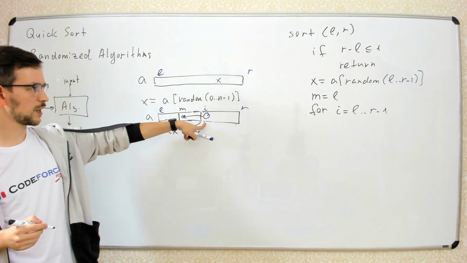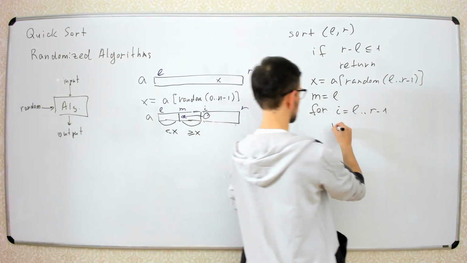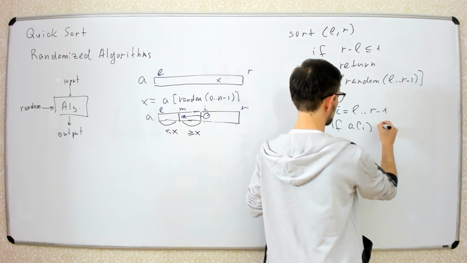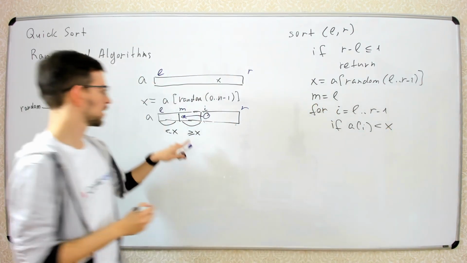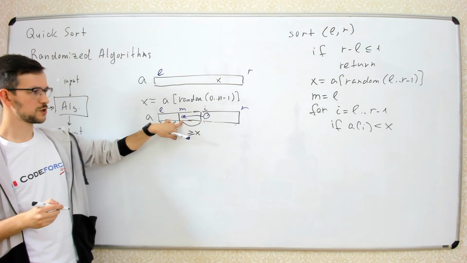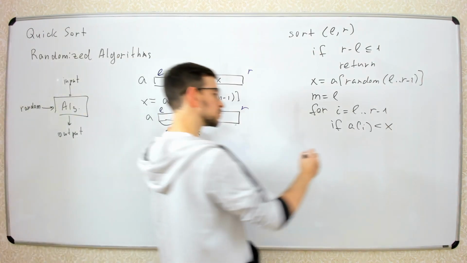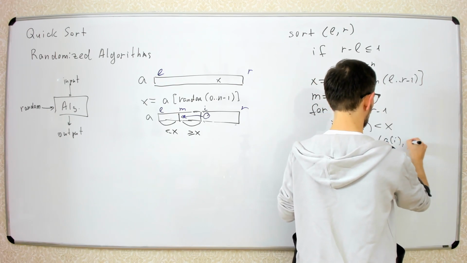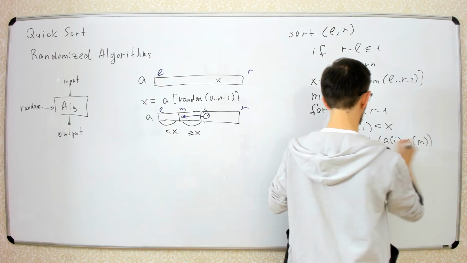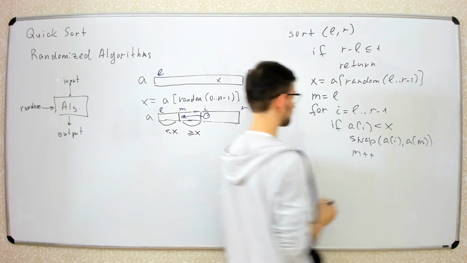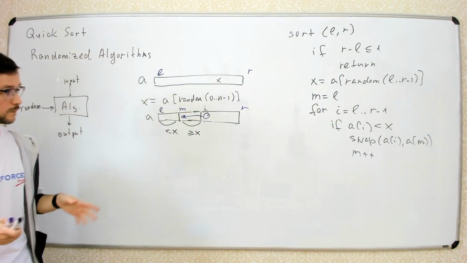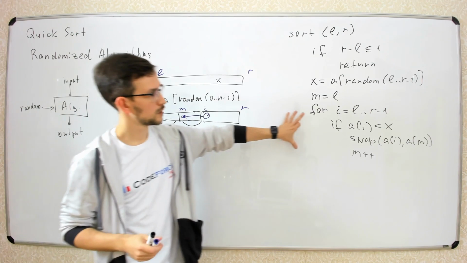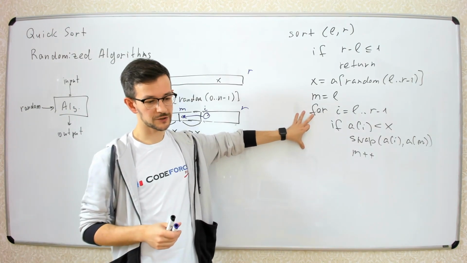Take the next element, and if this element is less than x, then we move this element to position M. We swap it with the element at position M and increase M.